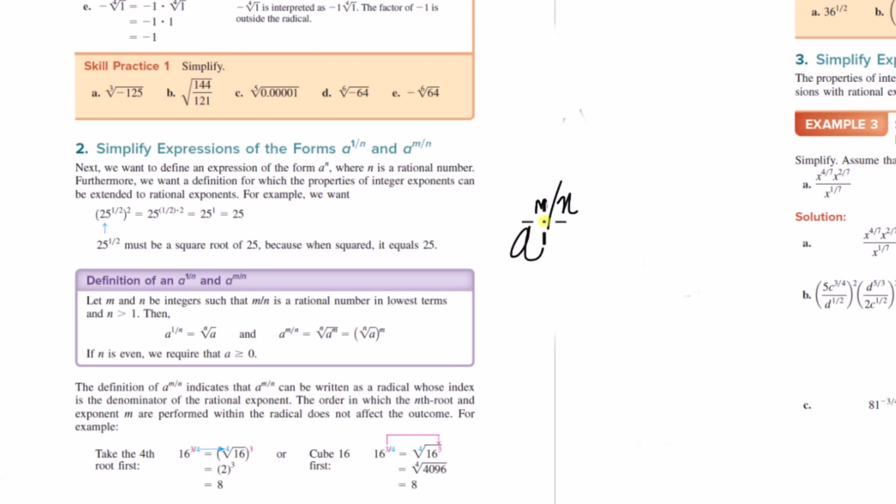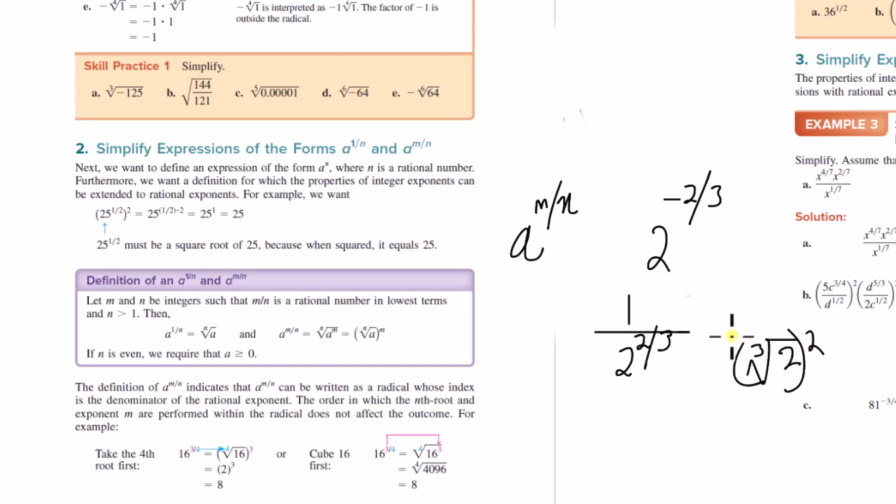You might say, well, what if we had a positive number, something like this? Well, no, it's the same properties. We do this, and now you've got the cube root of 2, squared. Now you might be saying, can't we do the same thing if we have a negative a with an even index?